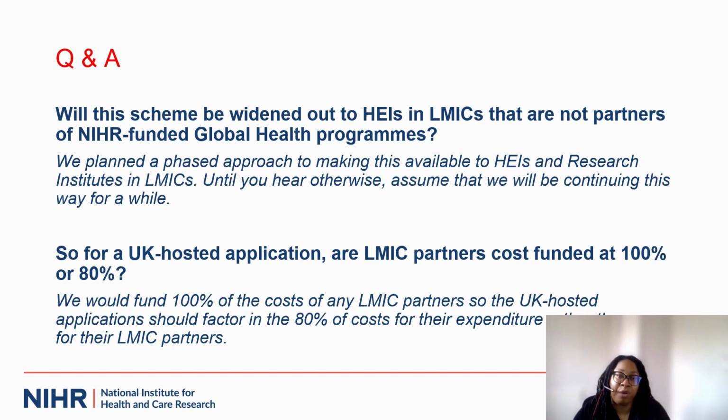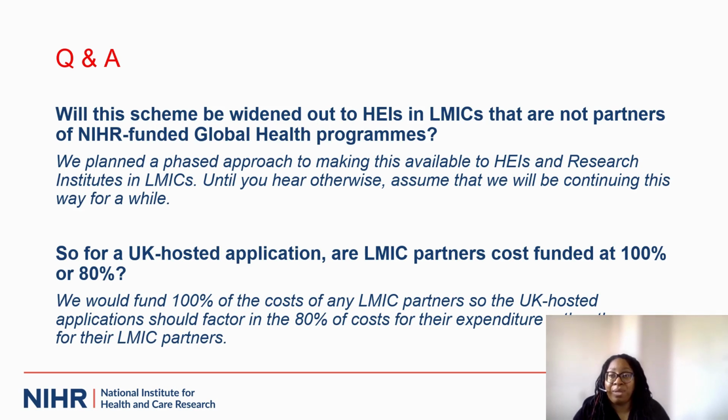Next question: for a UK hosted application, are LMIC partners costs funded at 100% or 80%? To reiterate, for UK hosted applications, any UK costs are at 80% for direct and indirect costs.